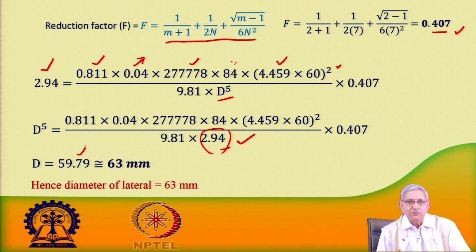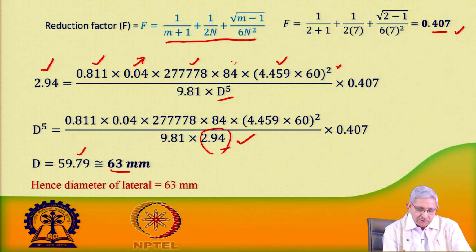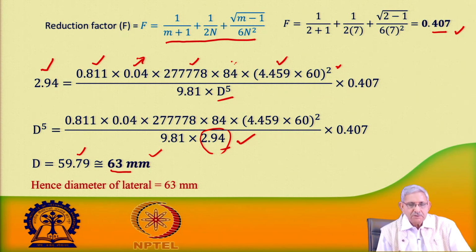So it could be 1 inch, 25 millimeter, then 37 millimeter, 1.5 inch, or 2 inch, 50 millimeter, then 2.5 inch, 63 millimeter. So this is 63 millimeter, which is available in the market.